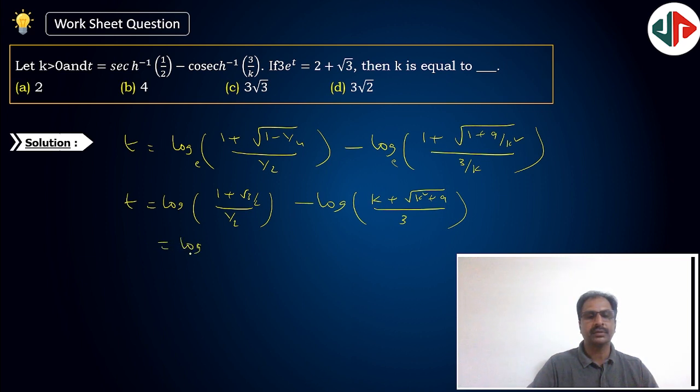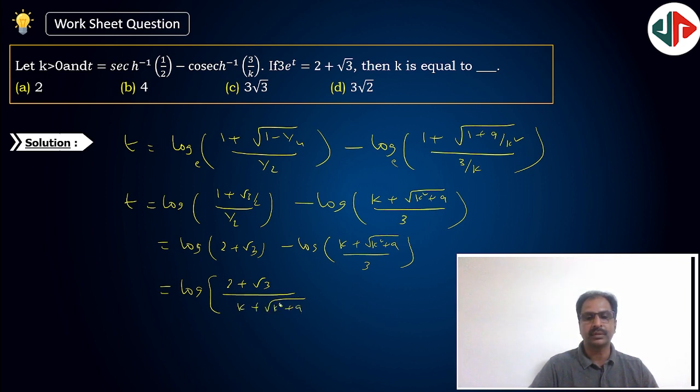Because here log of (2 plus root 3) minus log of (k plus root of k square plus 9) by 3. And log m minus log n is nothing but log of m by n. So (2 plus root 3) by (k plus root of k square plus 9) into 3. Here base is e, this is t.